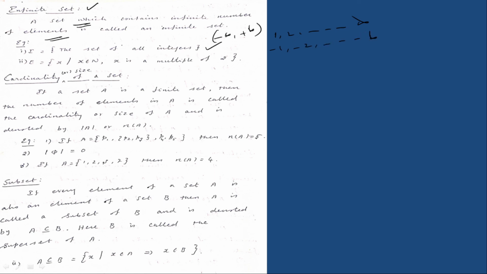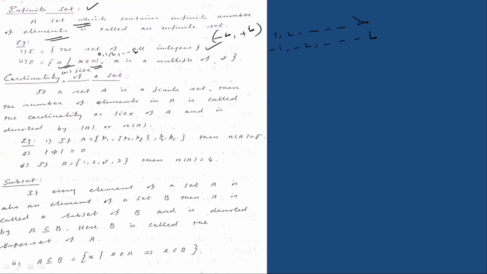Second one, this set consists of the set of all x such that x belongs to N. N means the set of natural numbers. You know the set of all natural numbers starts from 1, 2, 3 and so on up to infinity. Here x is a multiple of 2. X is a multiple of 2 means you can write so many possibilities.